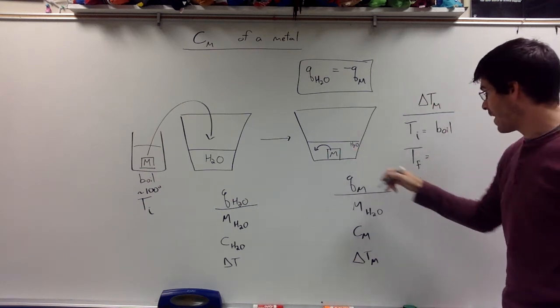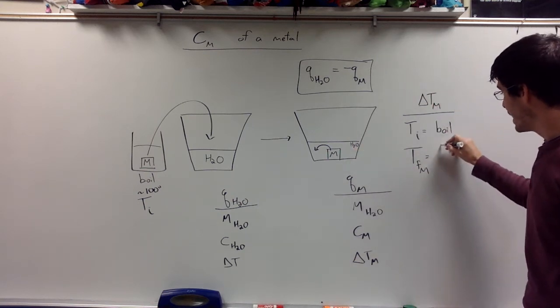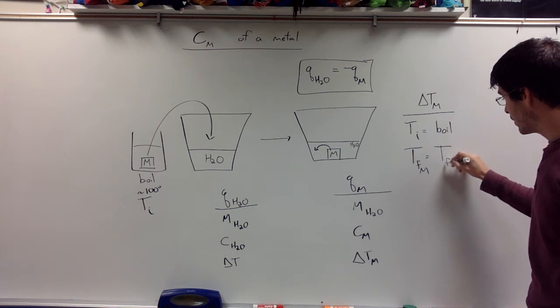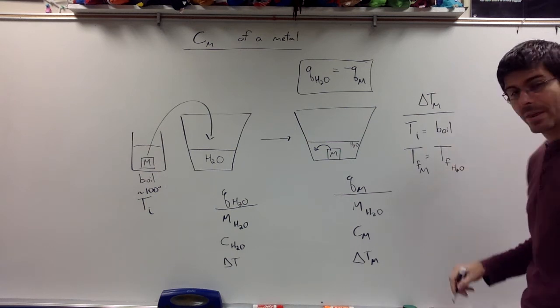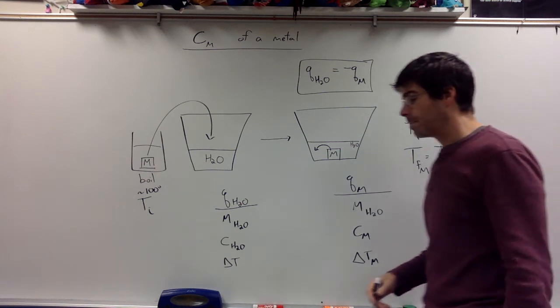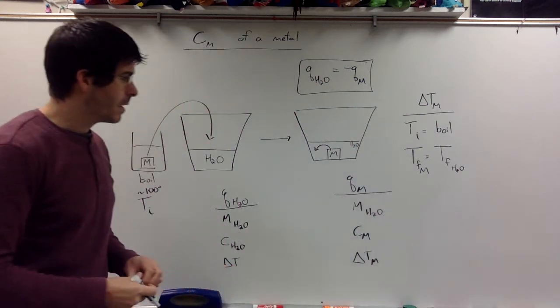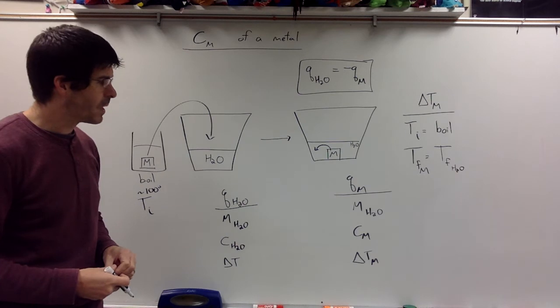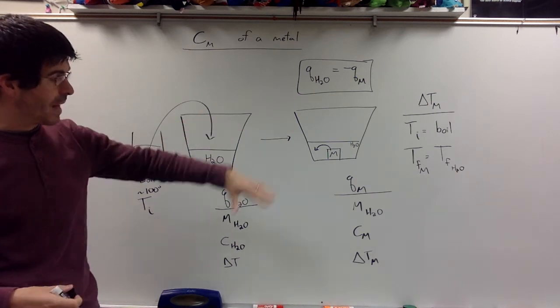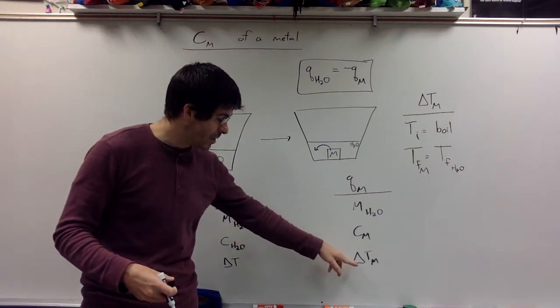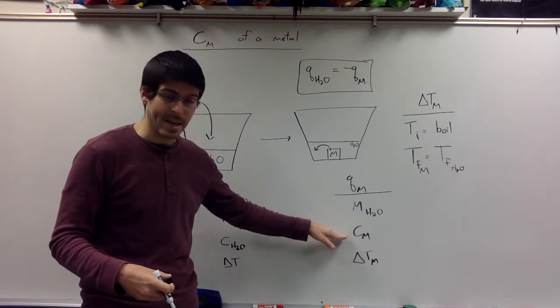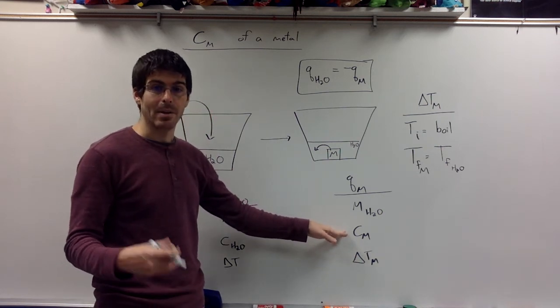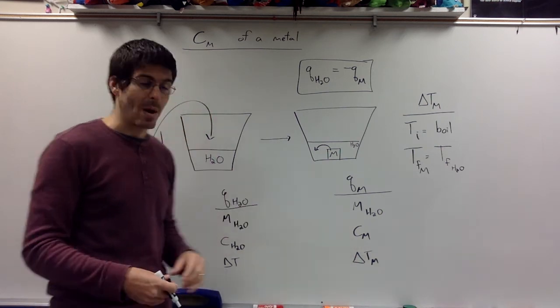So the final temperature of the metal will be equal to the final temperature of the water. They're the same. They're going to reach the same final temperature because of heat transfer. This is what we're going to be doing in the lab, and that'll help us find the change in temperature for the metal, and we can calculate the specific heat of the metal and then potentially identify it if we know what those properties are.